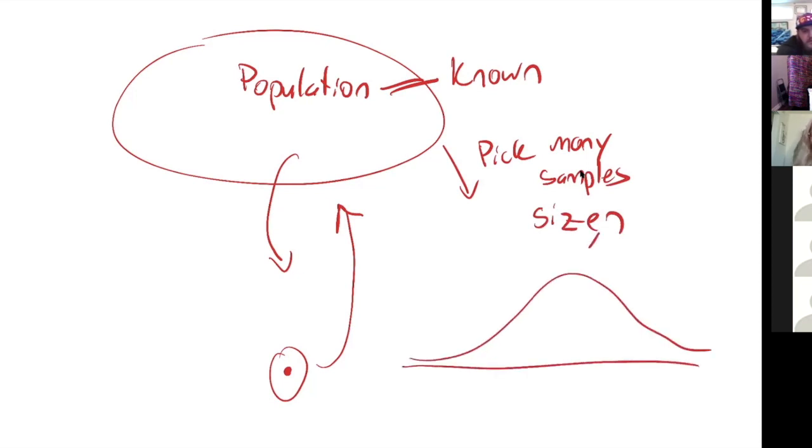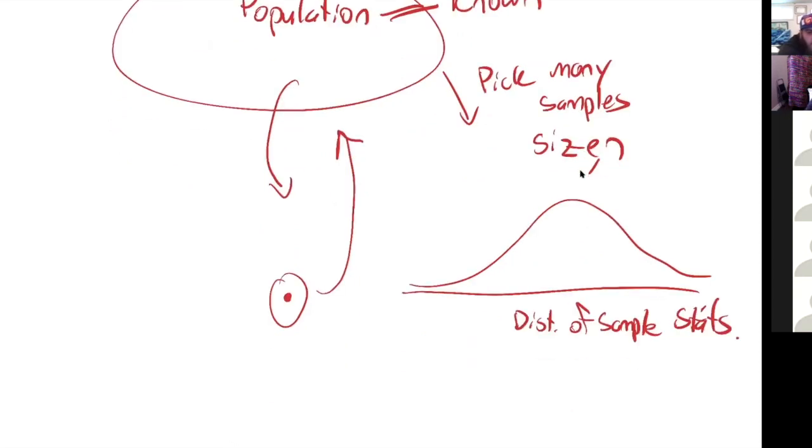Then we look at the distribution of sample statistics, which is called a sampling distribution.